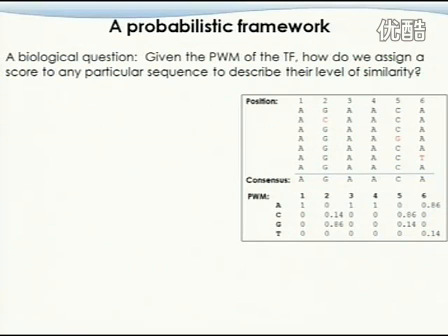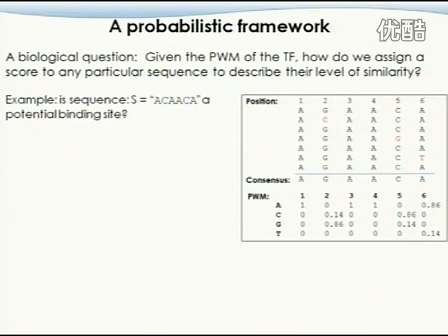There is a database that has thousands of transcription factors, and their position weight matrices are all in there. So it's not difficult to get. So the question here is, if I have a sequence which is ACAACA, how do I know how similar this sequence is to that position weight matrix?